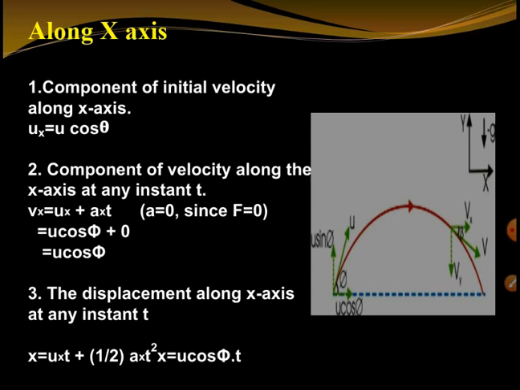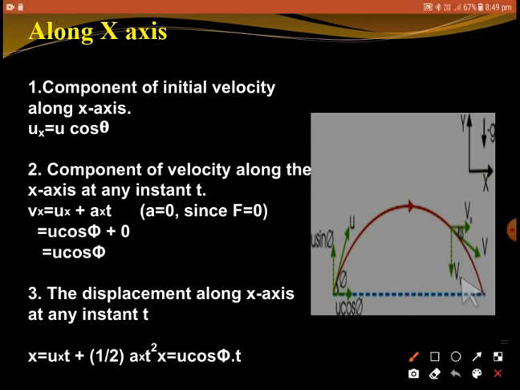So what happens next? The displacement. We want to find the displacement along the x-axis at any time t. Suppose t is somewhere here, when the projectile reaches from here to here, then the horizontal displacement, how far it has moved, this distance, will be denoted by x.